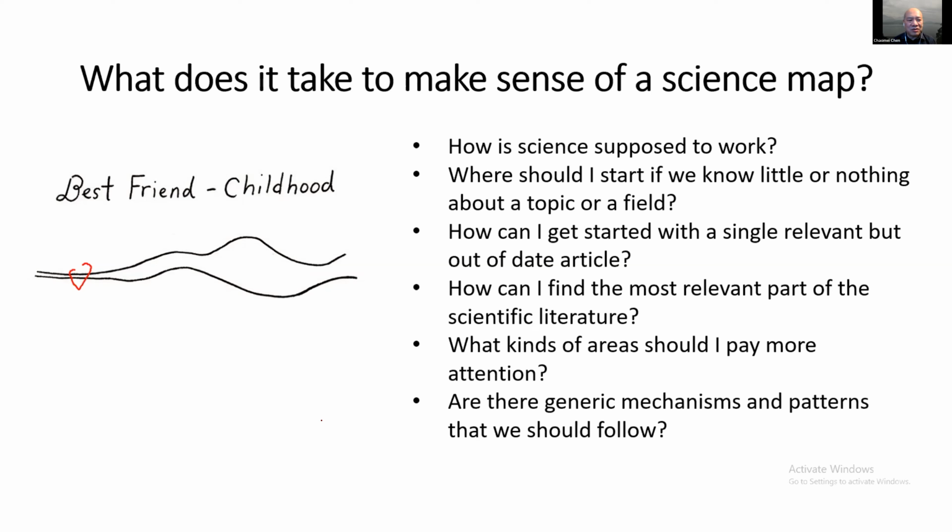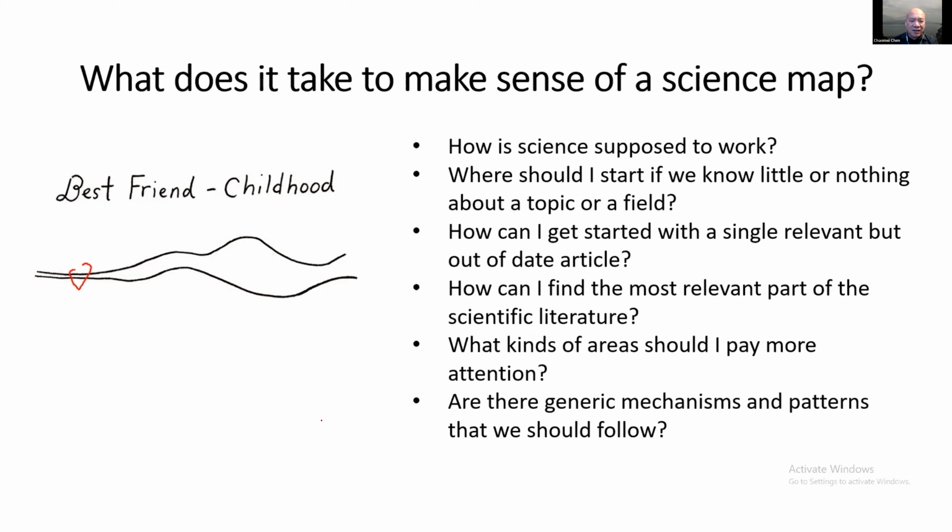What should I do with one of these increasingly popular science mapping tools? How can I get started with a single relevant but out-of-date article, probably a very famous comprehensive survey or review paper, but it could be 10 or 20 years old? And how can I find the most relevant part of the scientific literature?